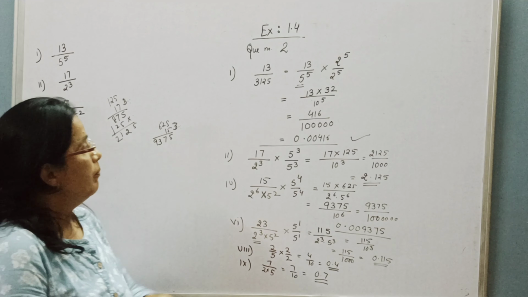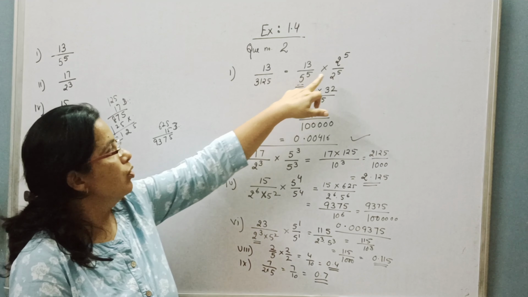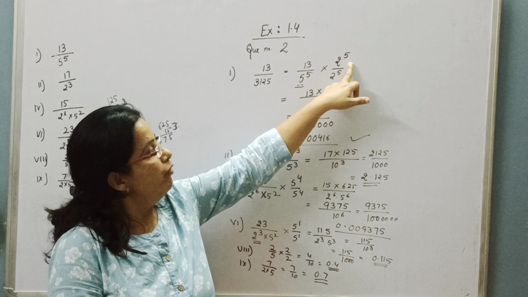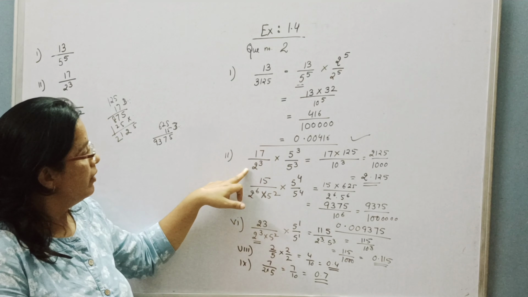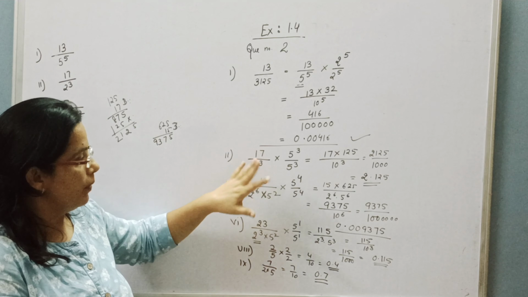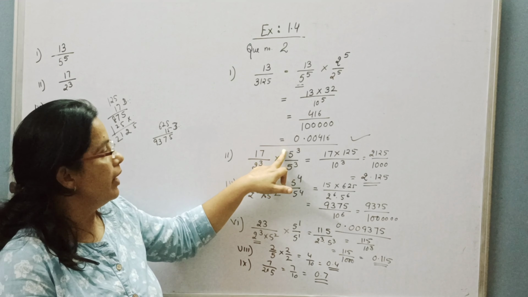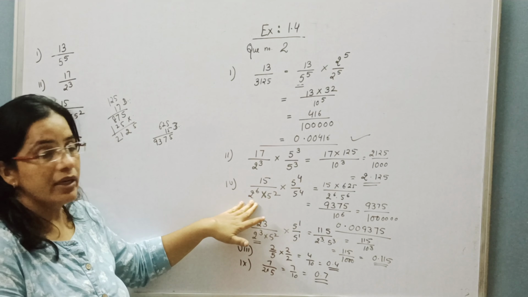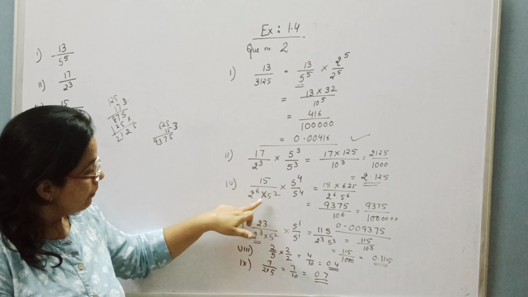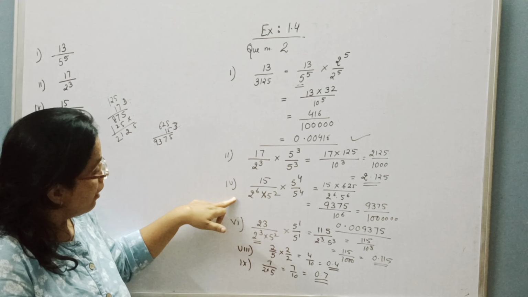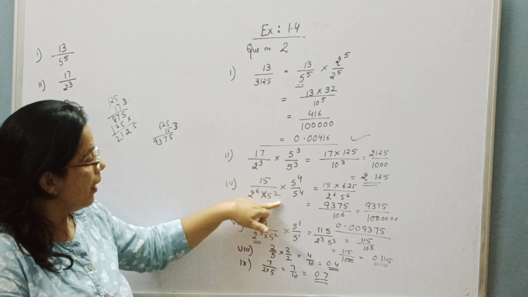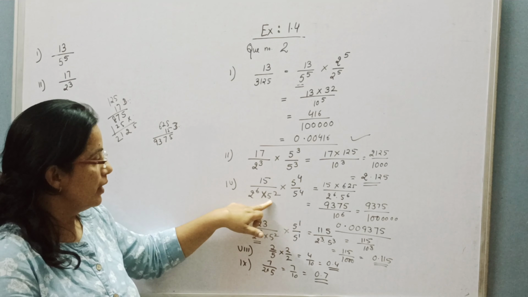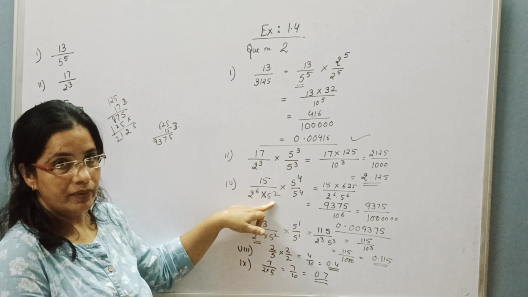So if the power is given in the form of 5, multiply by power of 2. If the power is given in the form of 2 raised to power, then we have to multiply by 5. And if both the numbers are given, make the power the same. And how can you make the power the same? Multiply the number that has the lesser power.